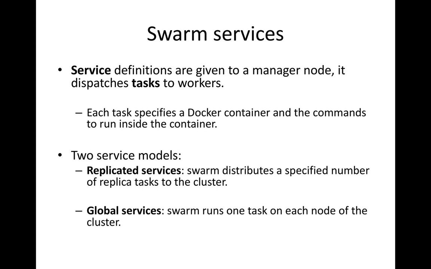And oftentimes it's not just one Docker container, you're going to be deploying multiple copies or what we call replicas of a particular container. So you create a service definition and you provide that service definition to a manager node in the cluster. And then the manager node takes that service definition and it dispatches tasks to workers.